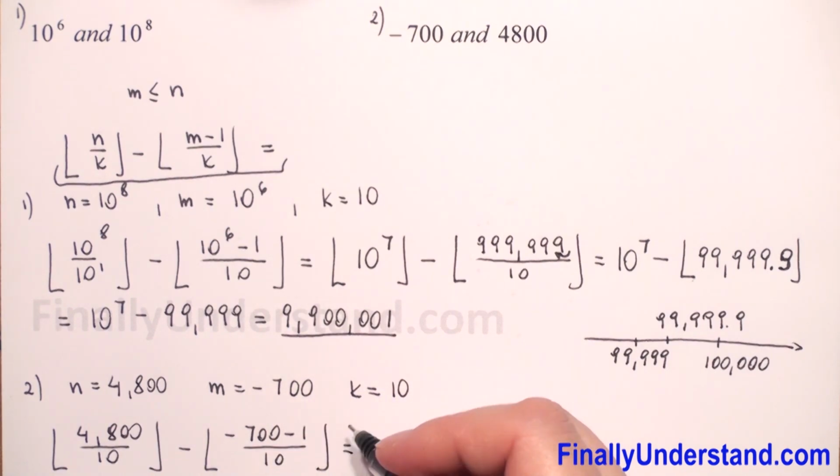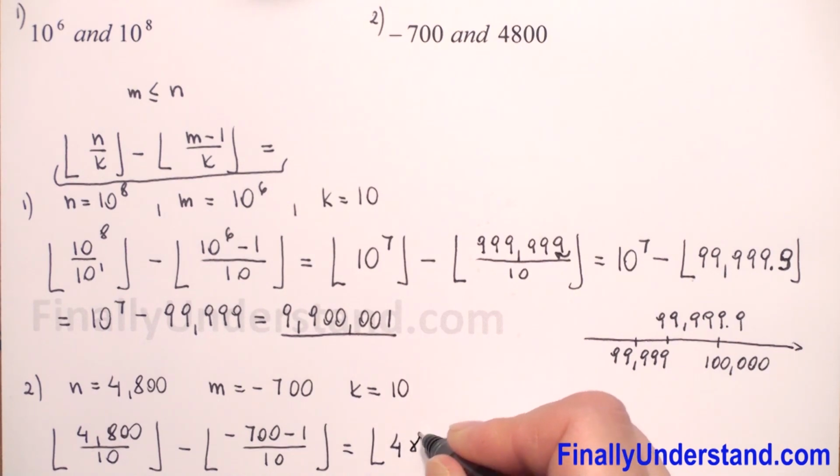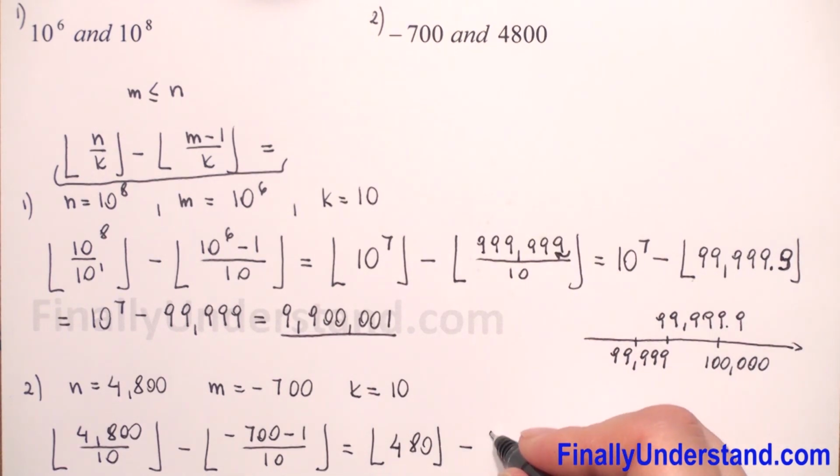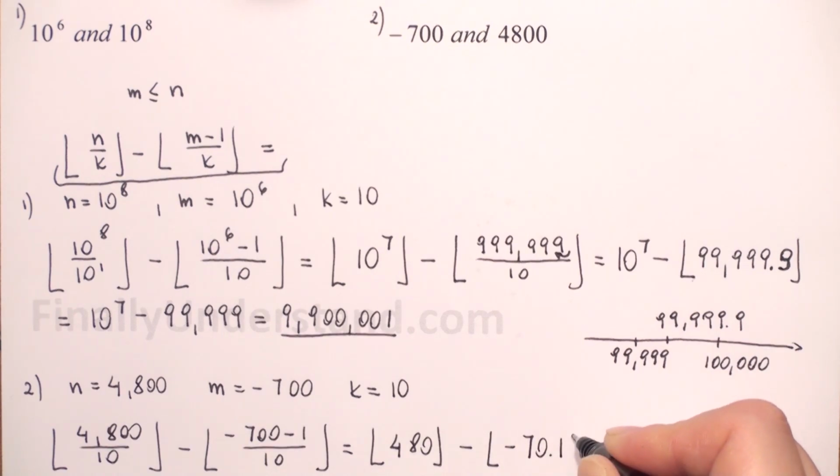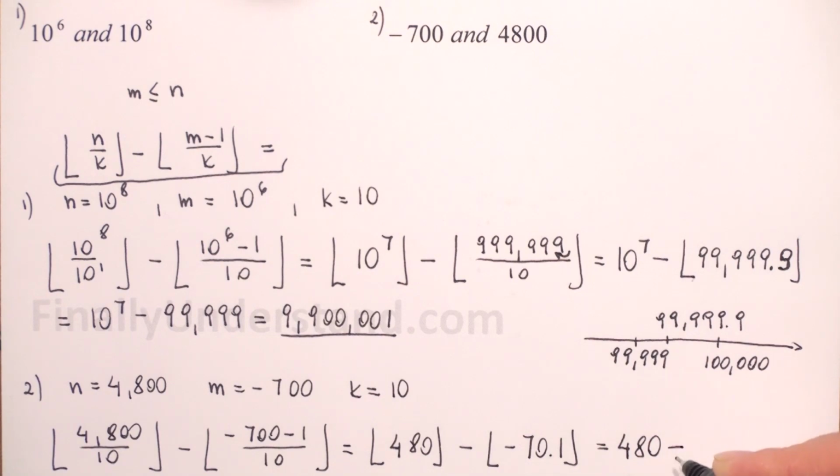So this is equal floor of 480 minus, we have negative 701 divided by 10 is negative 7.1. So this is equal, we have first floor of integer, 480 is integer, so it will be the same number, 480. And we have minus.